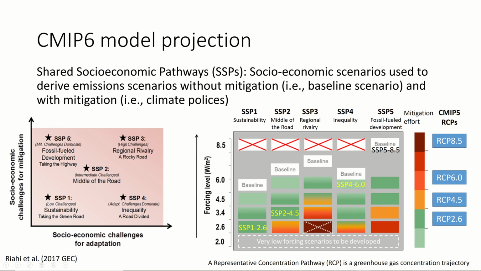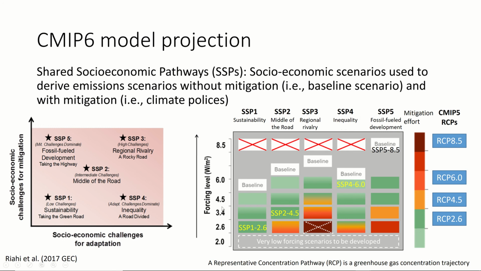I'm not going to go into details; you can go to the manuscript in Global Environmental Change to read more about this third socioeconomic pathway. You have 5 of them, with a baseline for each one of them, and here you can think of it as a mitigation effort to reach a certain forcing level.